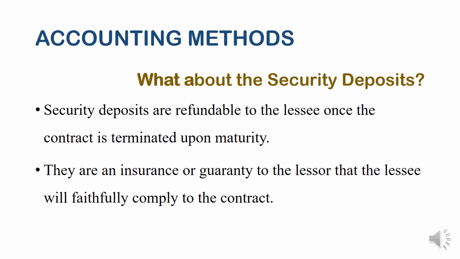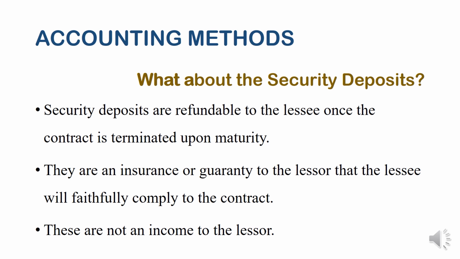The security deposits are an insurance or guarantee to the lessor that the lessee will faithfully comply with the contract. Therefore, as these are refundable, the lessor has no right to report such deposit as his income. In fact, the lessor will recognize this deposit as a liability to the lessee.